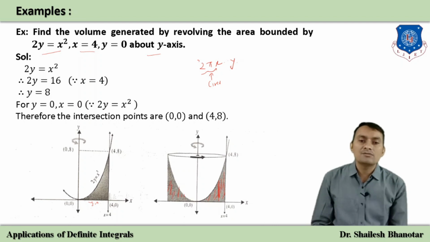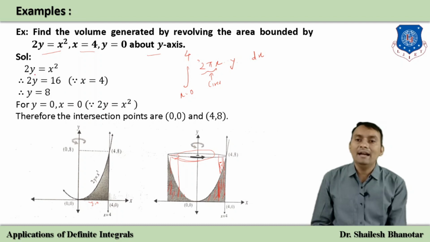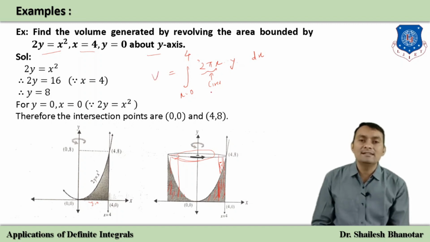And the width depends on where to where, that is x equals 0 to 4, and then dx. But y is nothing but x square by 2. So I change y to x square by 2, and when I simplify, we get the final answer.